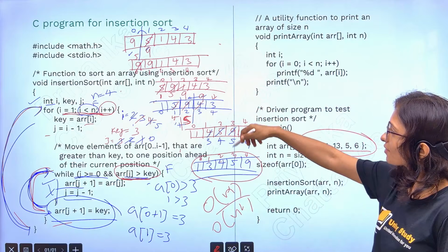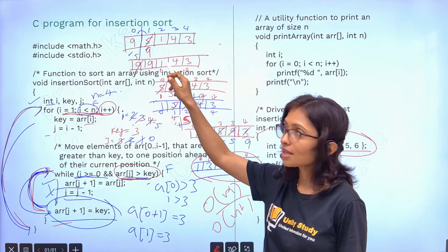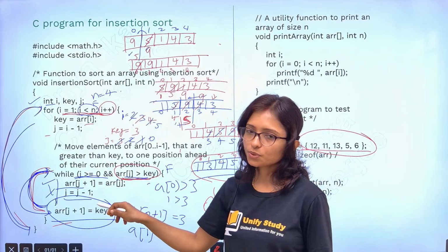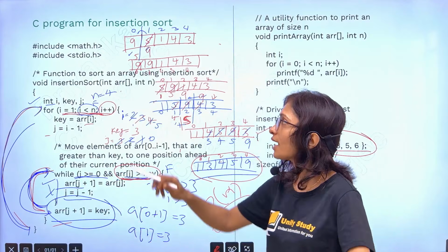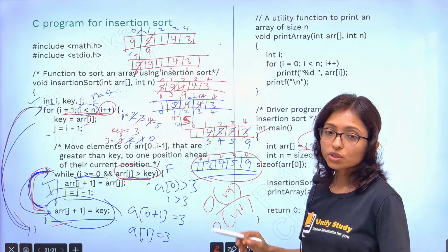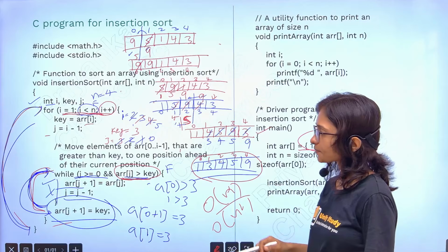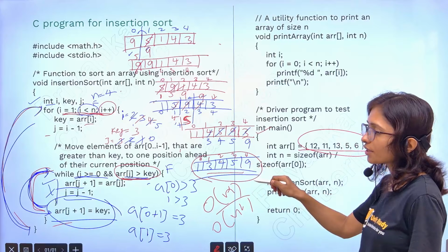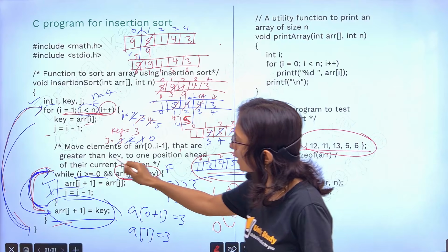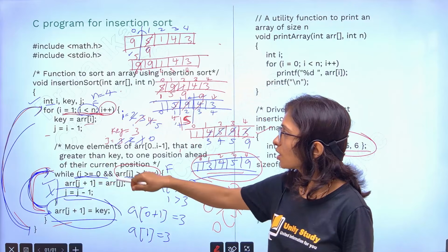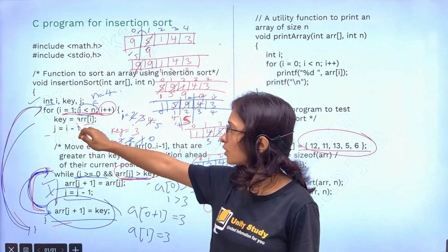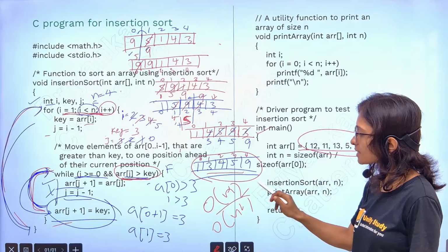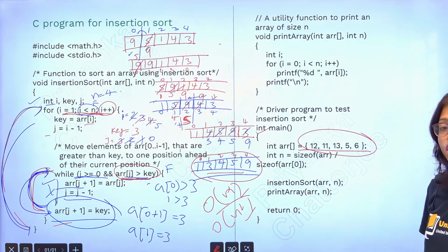Here I took an unsorted example, the worst case, where we execute the while loop every time, to explain clearly how it works. But if you take an already sorted input, this while loop will never execute. Only the outer for loop will execute, and then it will return the result. That means best case is n, worst case is order of n square.